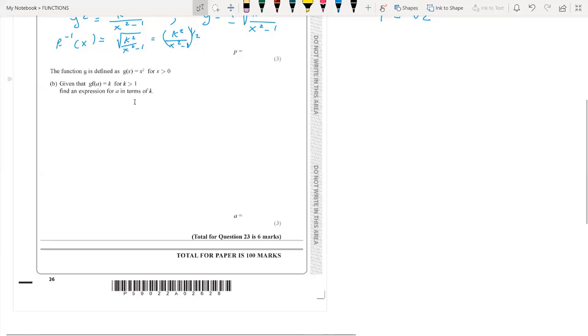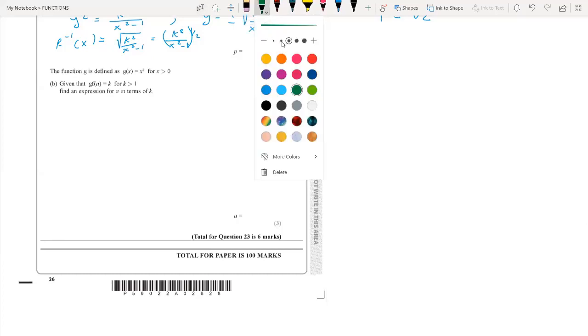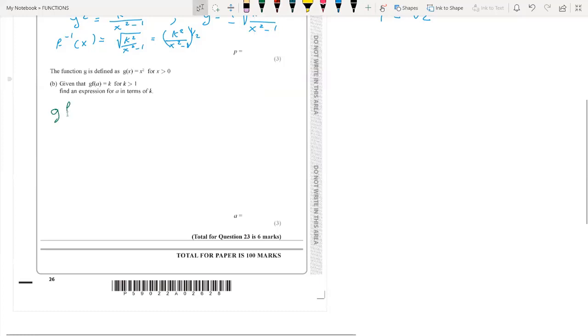Again, what does he want? We have a composite function g f of a. So in the beginning, we have to get f of a. What is f of a? f of a is equal to the square root of a squared plus k squared over a.